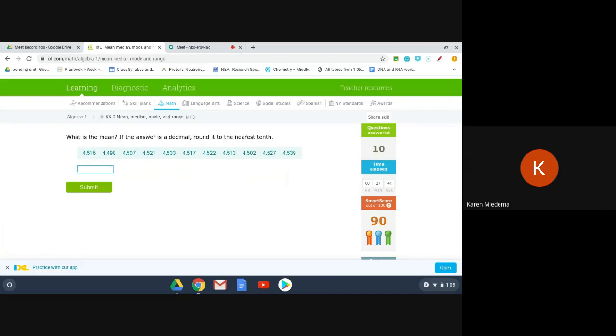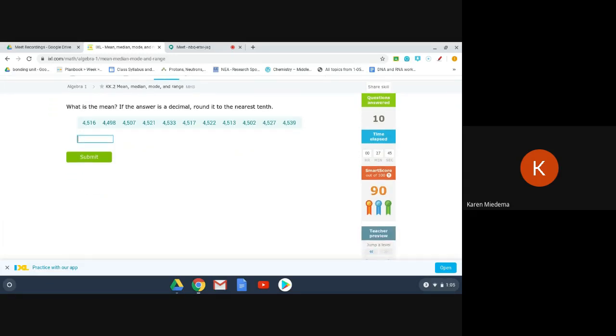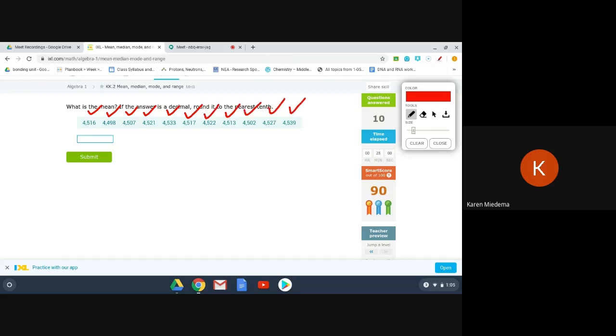So to do this problem, you're going to add up all of these numbers and then divide by how many numbers there are. Well, first, let me count how many numbers there are. There's 1, 2, 3, 4, 5, 6, 7, 8, 9, 10, 11. Okay, so there's 11 numbers.